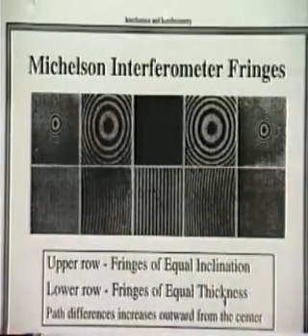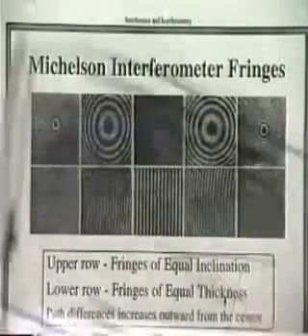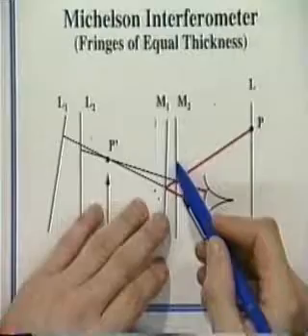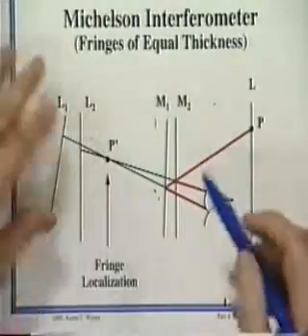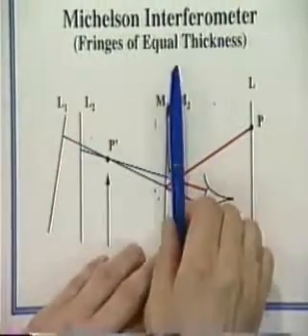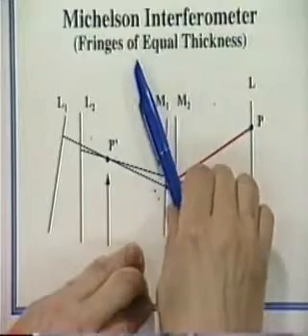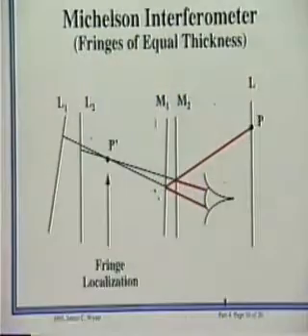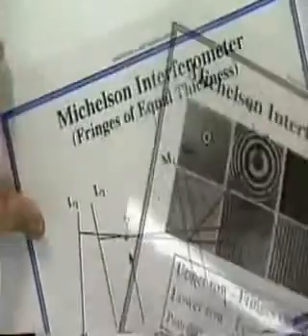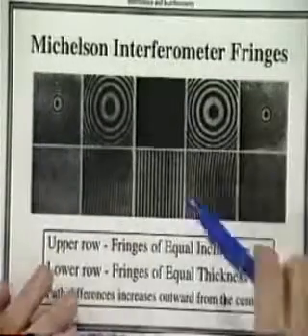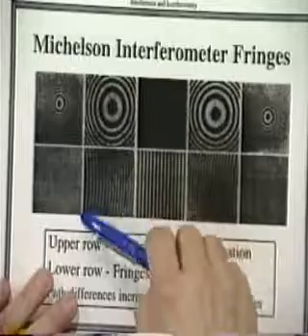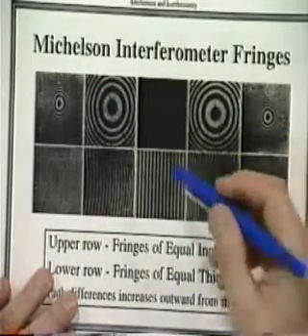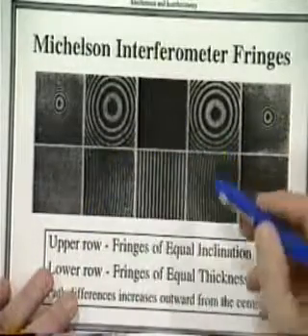But now as we increase the separation here, so for the first case, these two mirrors probably overlapped someplace here. Now we increase the separation, and the fringes look a little curved. I don't know if you can see that on the TV. Yeah, I guess you can still see these fringes. They're a little curved.